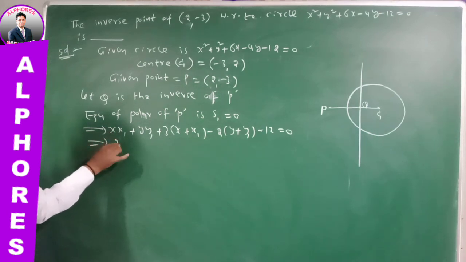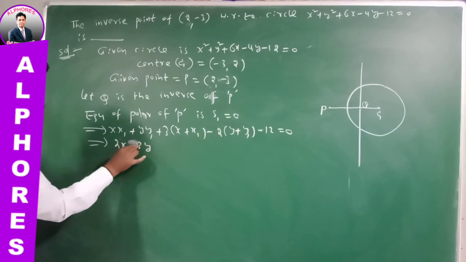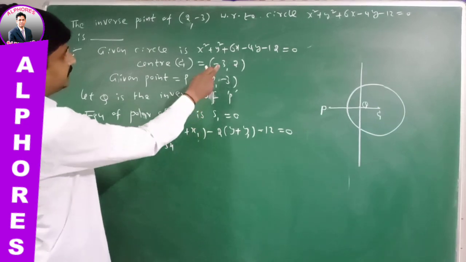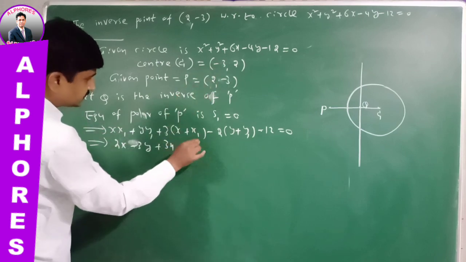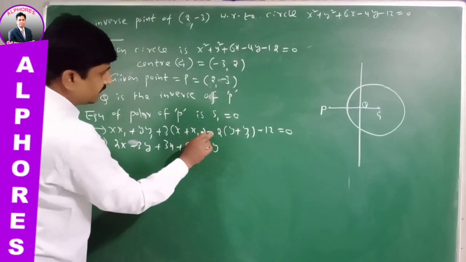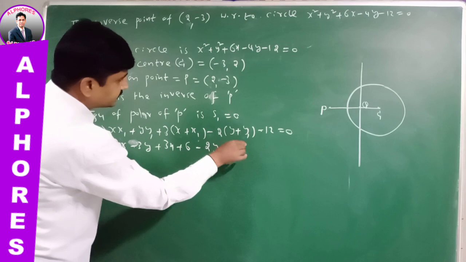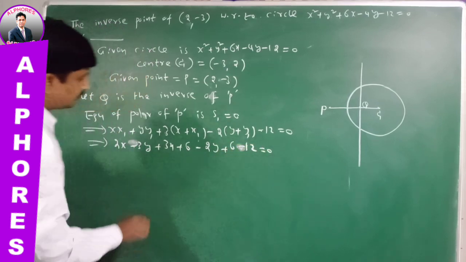Here 2x next minus 3y next plus 3 into x plus 2, that is 3x plus 6, minus 2 into y minus 3, that is minus 2y plus 6, next minus 12 equal to 0.